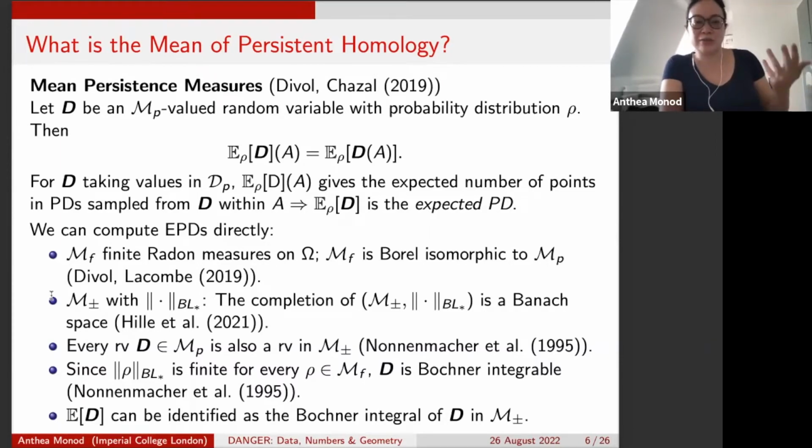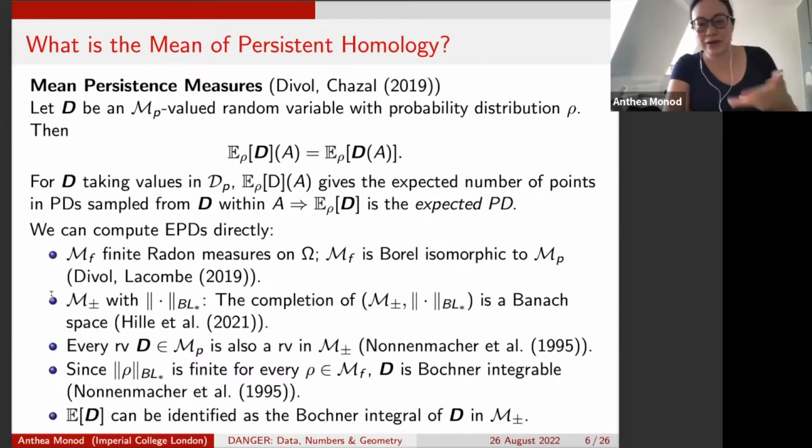With all of this theory found in the literature from Divol and Lacombe, who proposed these persistence measures and mean persistence measures and studied their statistical properties, it turns out that we have a well-defined Bochner integral, which is directly computable, and we don't have any algorithmic limitations in the same sense that we saw with the Frechet means.